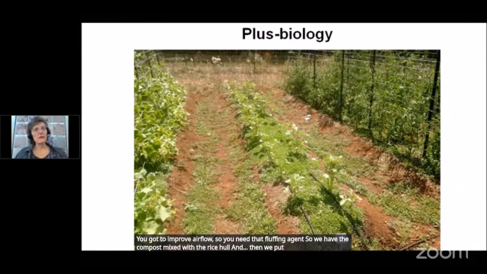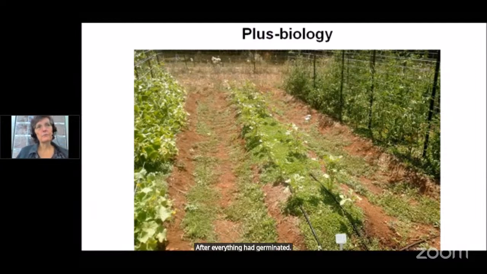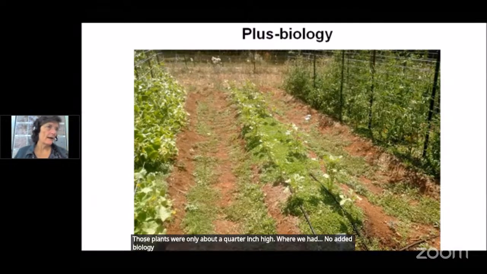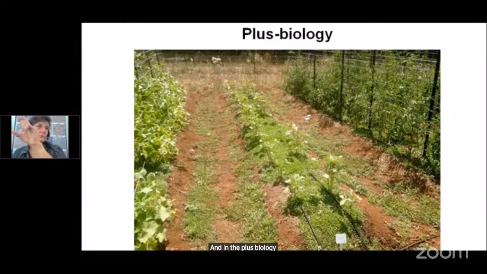All of those started on the same day, and what we noticed in a week's time, after everything had germinated, in the chemically grown trays, those plants were only about a 1/4 inch high. Where we had no added biology, those plants were about 1/2 inch to 3/4 of an inch tall. And in the plus biology, those starts were 1 to 2 inches tall.